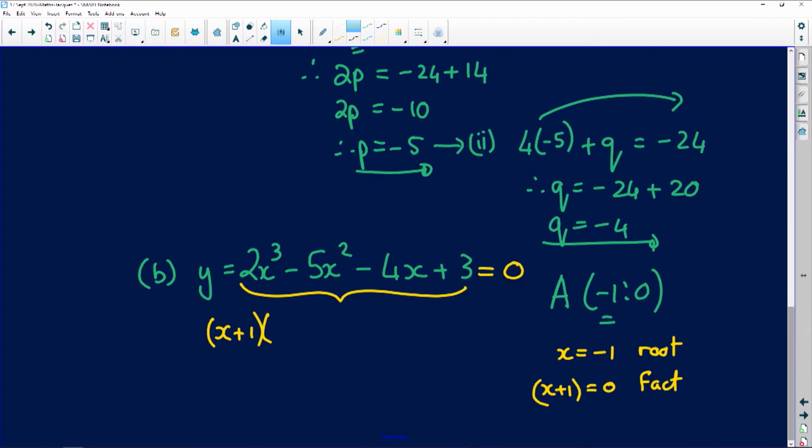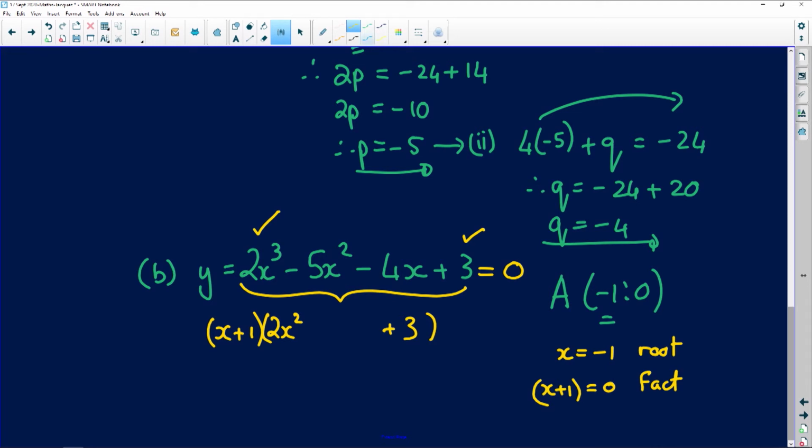We're going to be left with a quadratic, so we can do this with a quick inspection. x times 2x squared gives us the 2x cubed. Here I have plus 1. If I multiply this with a plus 3, then it gives me the plus 3 right at the back.